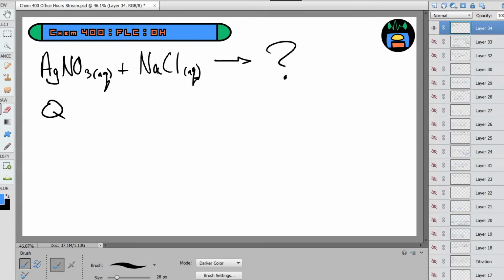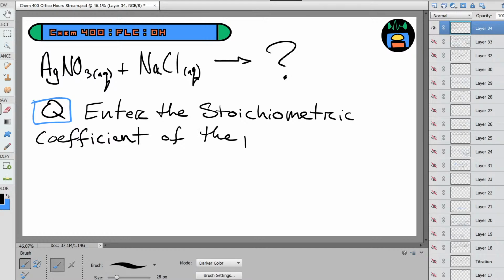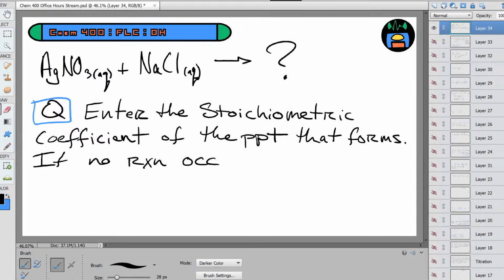The way I would phrase the question is I would ask you to enter the stoichiometric coefficient of the precipitate that forms. If no reaction occurs, enter 0.